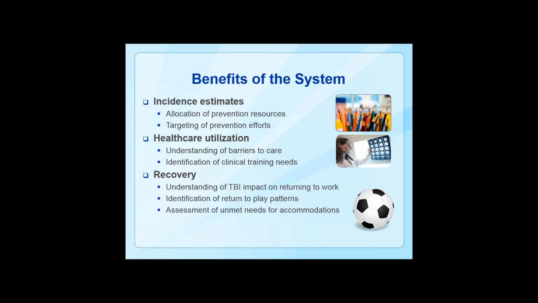Once the system is in place over time, we will be able to monitor trends in TBI, assess whether prevention efforts are working, and also, over time, we will be able to provide specific state information which will likely require combining multiple years of data. We will also be able to see if healthcare utilization patterns change over time.